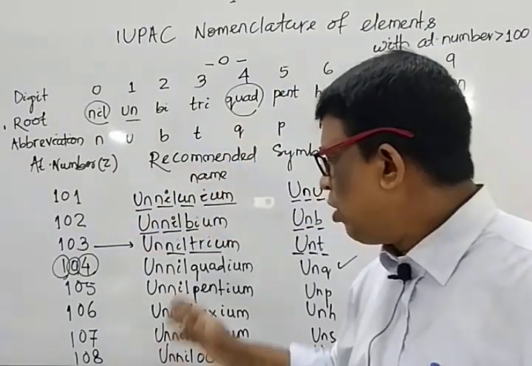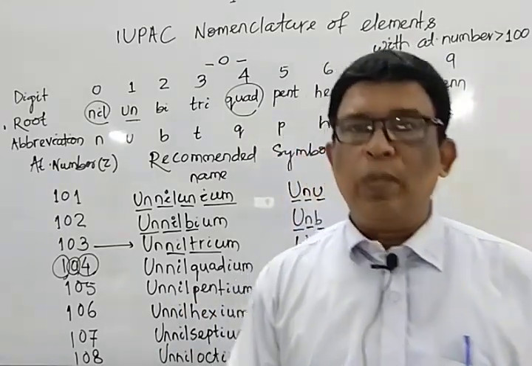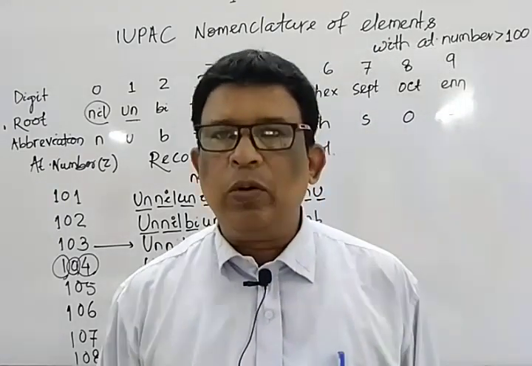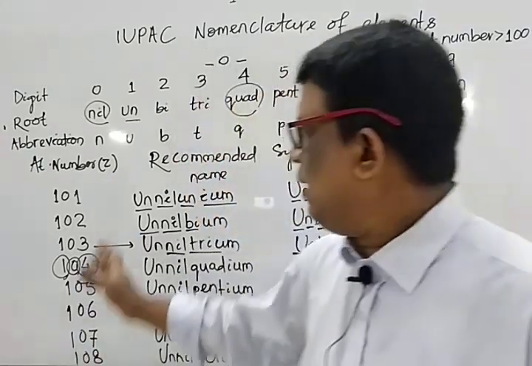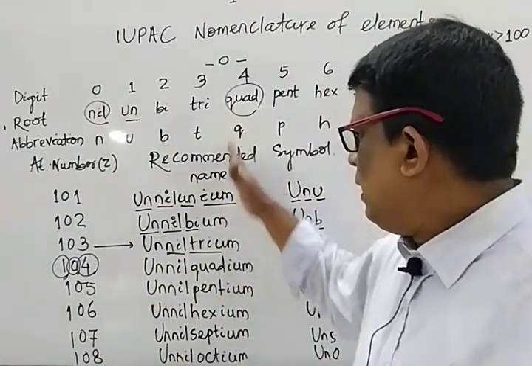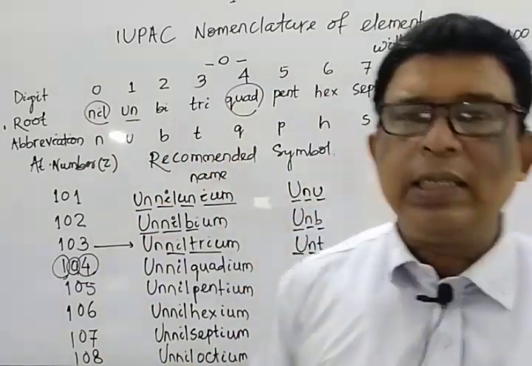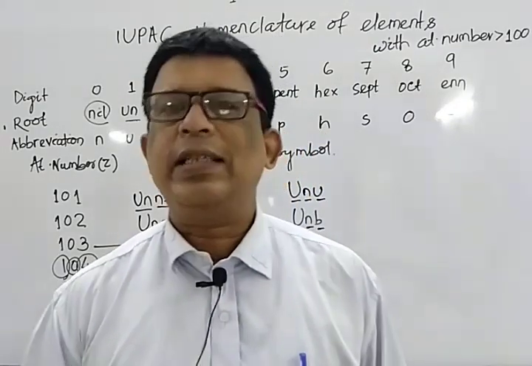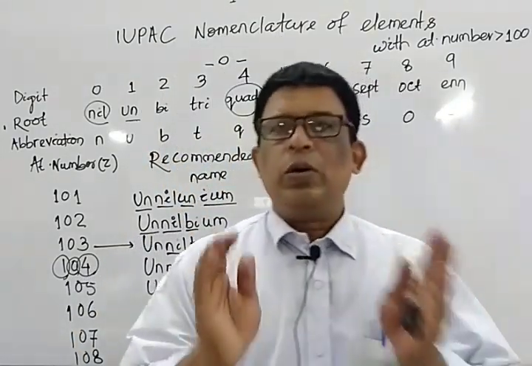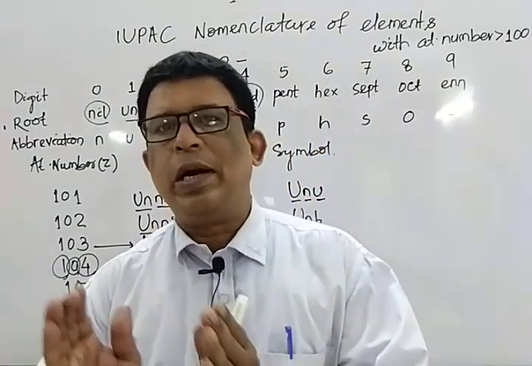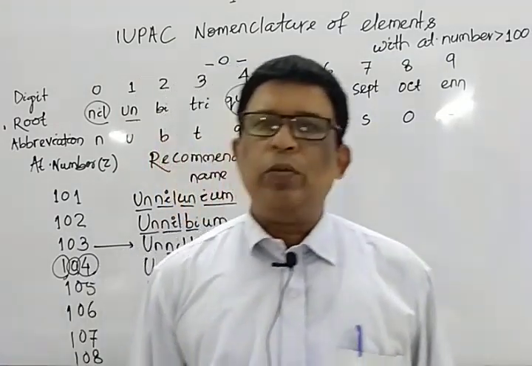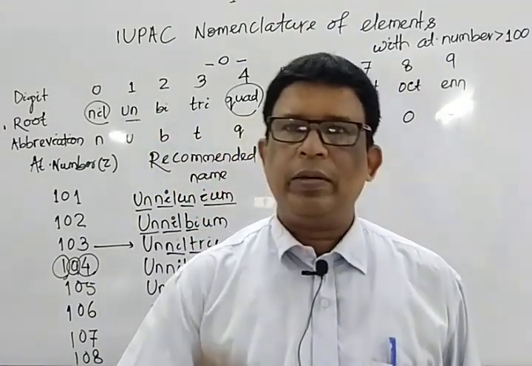Similarly, I write here up to 108. It is homework for you to go through up to 120. That is, one column is atomic number, one is recommended name, and one is symbol. This is a little idea about giving the IUPAC recommended name for atomic numbers greater than 100.